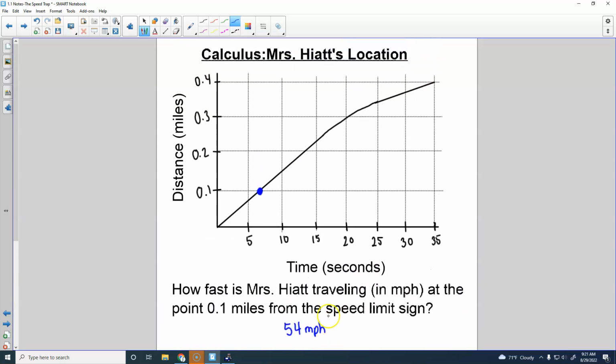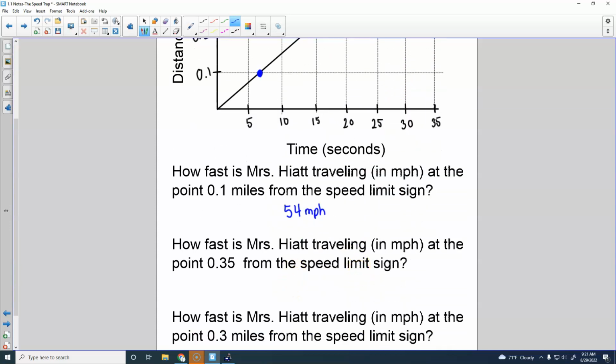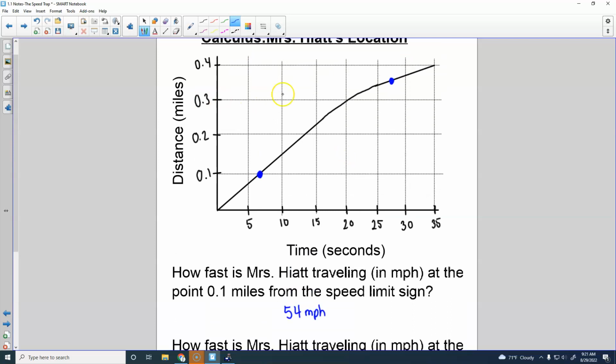Then, at the point 3.5 miles, right here, it's the same as the old graph. We're not going to take the time to figure it out because it's going to be the same. It's 24 miles per hour.